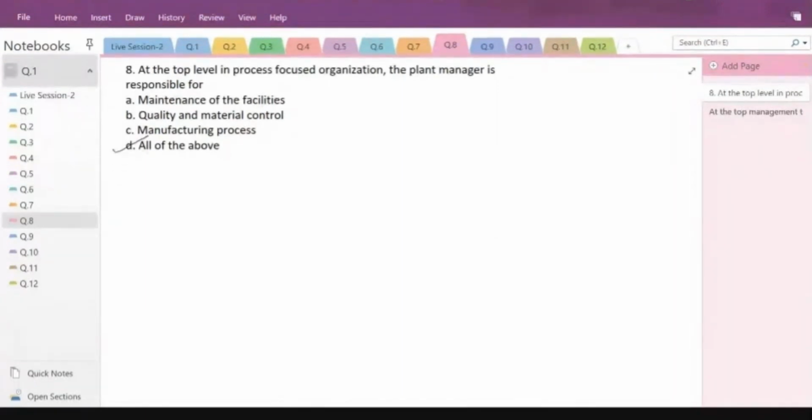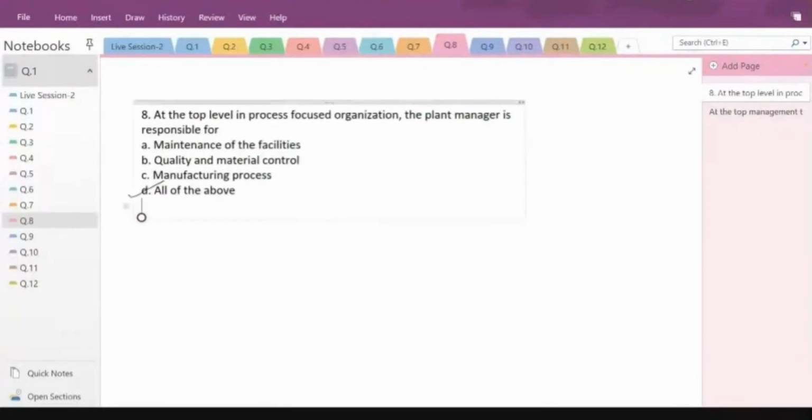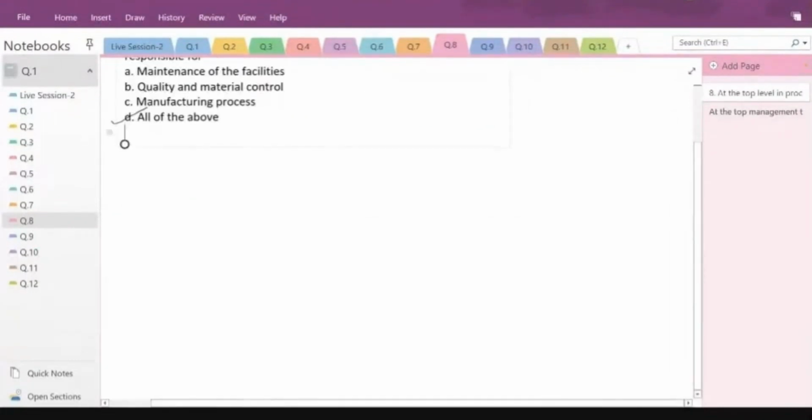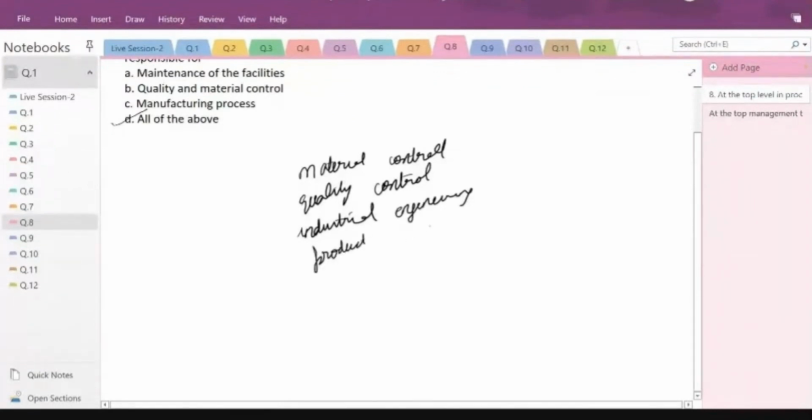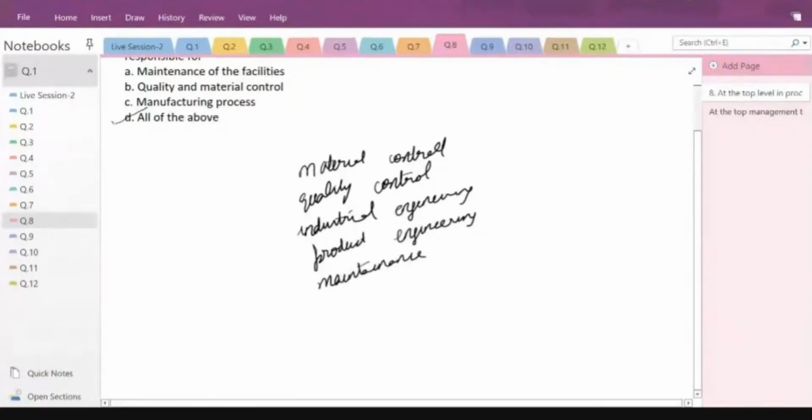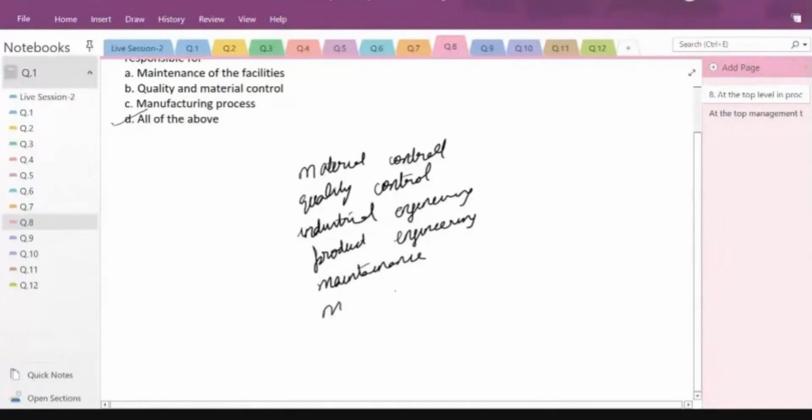The plant manager and others involved are responsible for support functions like material control, quality control, industrial engineering, product engineering, maintenance, manufacturing, purchase.